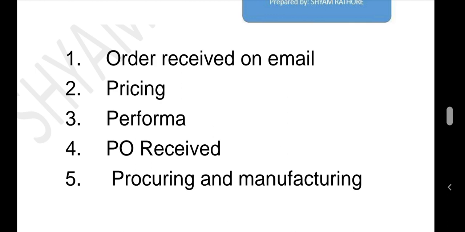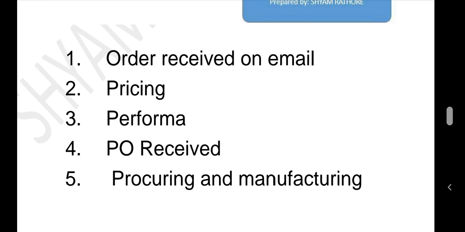After sending the Performa to our buyer, he checks and verifies the terms and conditions. If he feels that something is not good, then as per negotiation we need to amend the Performa. After that he sends us the purchase order.